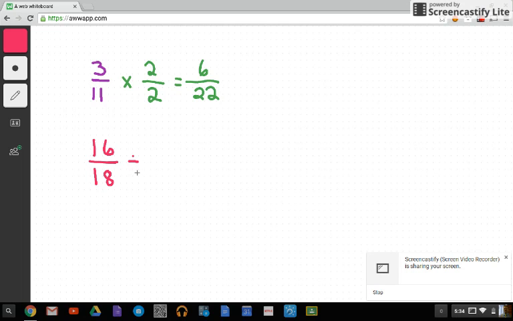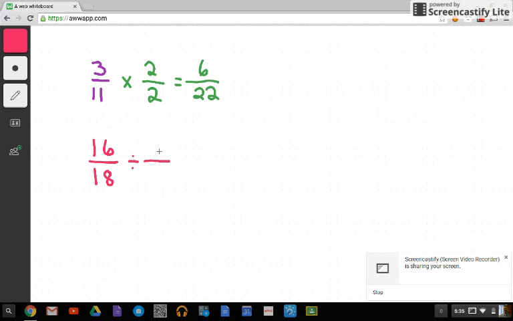I would say simplified because that's just what we've done. Actually, here we go. So I have to find what I can divide both of them by. Now, this is when we were finding the greatest common factor. This is what I'm trying to do. I'm trying to find the greatest common factor of 16 and 18. That way, I just have to divide this one time and don't have to keep dividing.